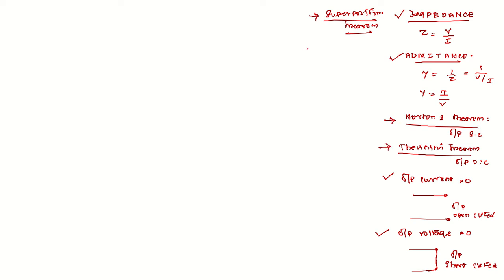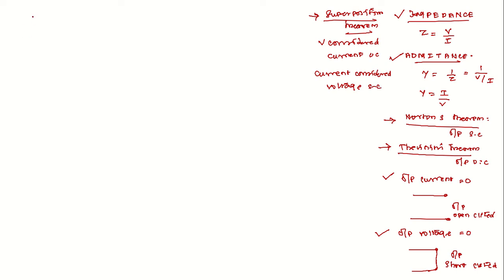In the superposition theorem, when voltage is considered, current is open circuited. When current is considered, the voltage is short circuited. So these are some fundamental things.